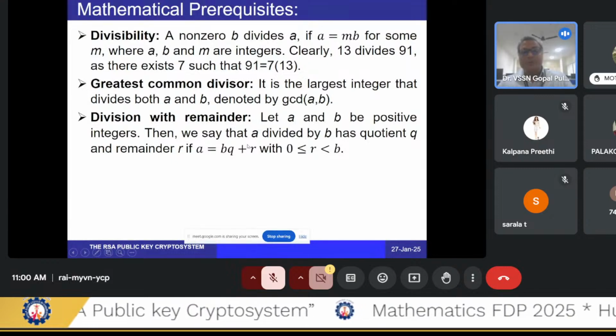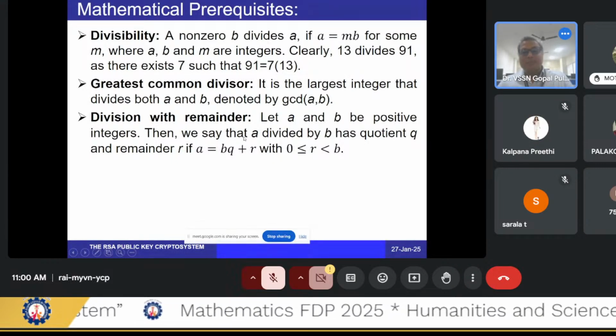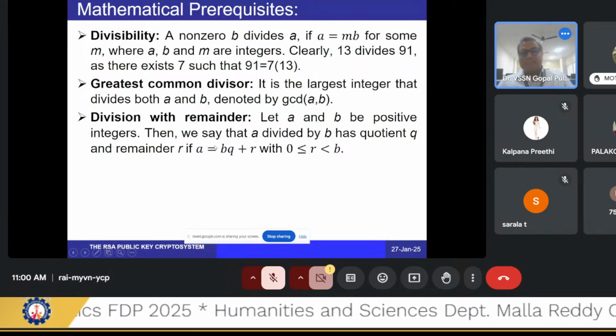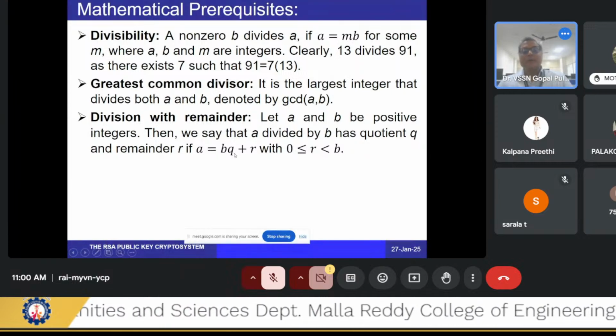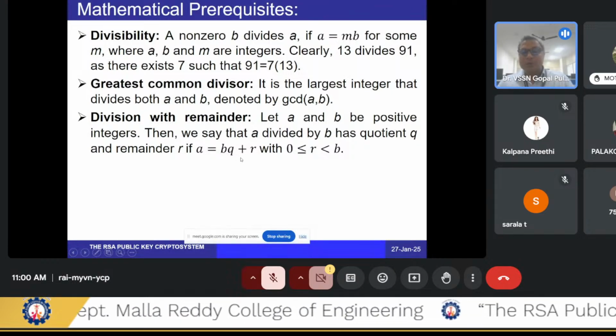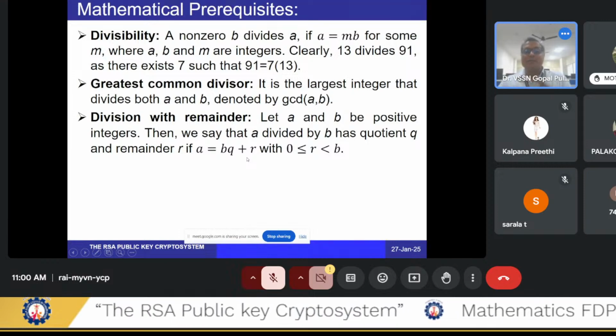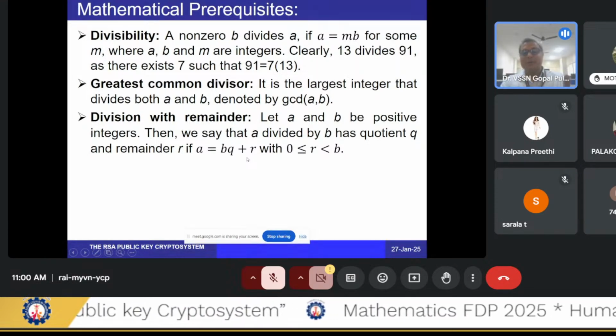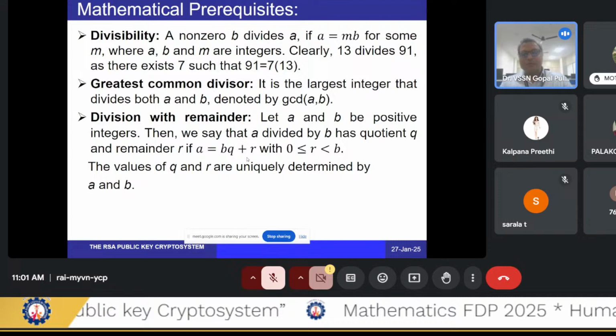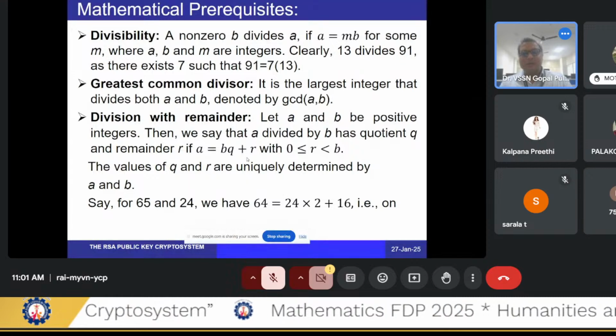So a can be expressed as bq plus r, where q is the quotient and r is the remainder when we divide a by b. The quotient and remainder are uniquely determined by a and b.